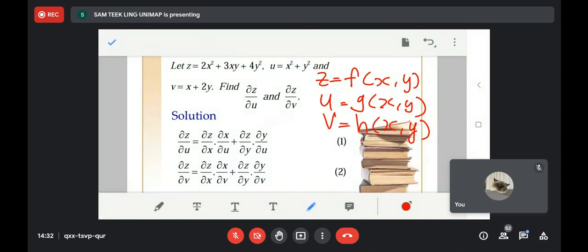So if you see the question given like this, then find del z del u and del z del v, we directly know we need the inverse function. All three functions given are in the same variables x, y. So we will apply the inverse function. This is how we know.